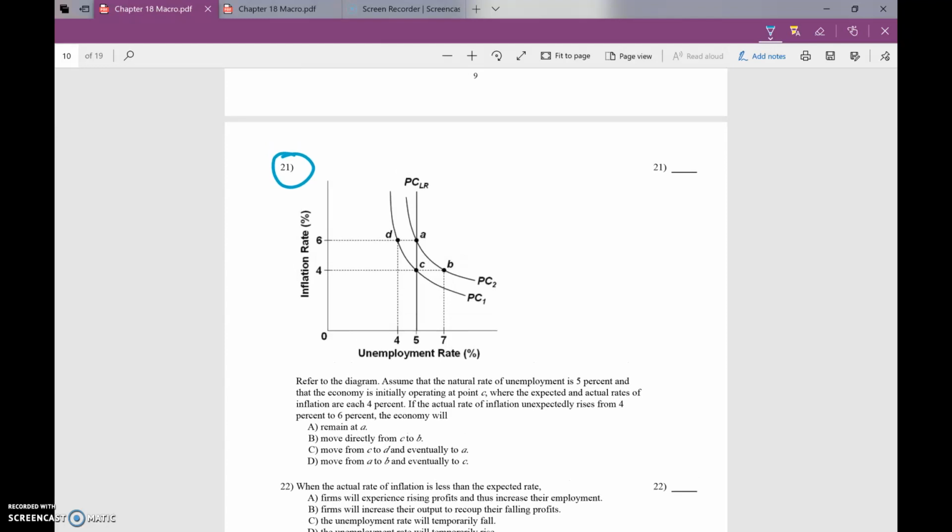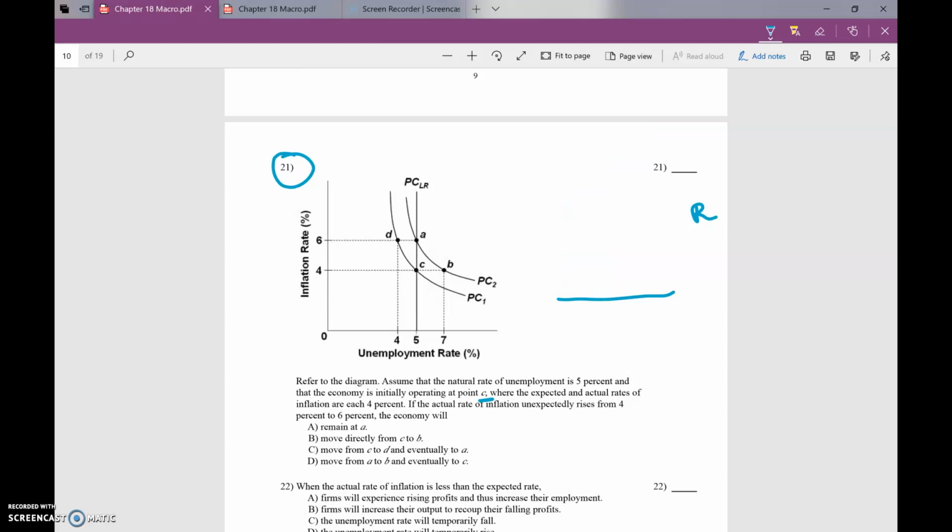Alrighty, let's see what's going on here. PC1 and PC2 are the short run Phillips curves, and PCLR is the long run Phillips curve. Initially the economy is operating at point C, where expected and actual inflation rate are equal to 4%. Whenever the long run Phillips curve is intersecting the short run Phillips curve, the actual inflation rate is equal to the expected inflation rate.